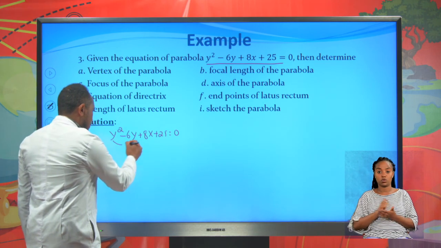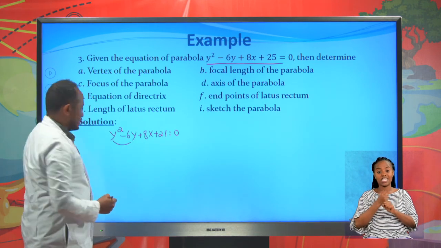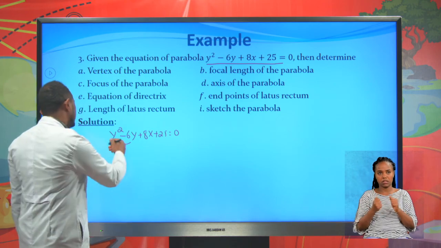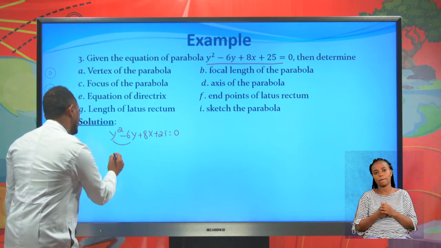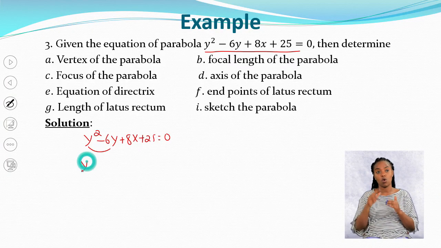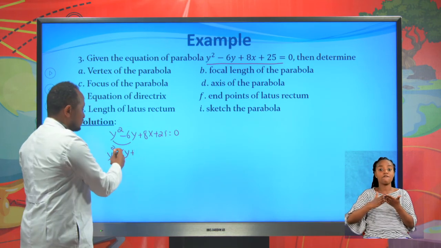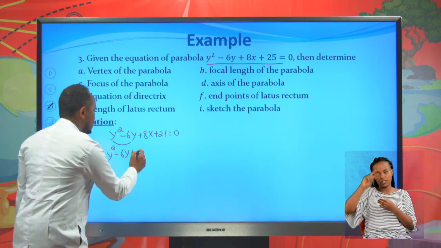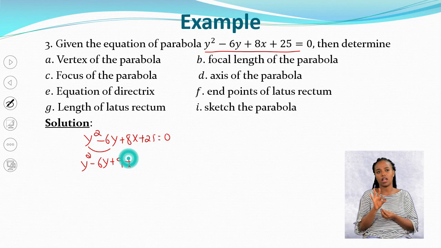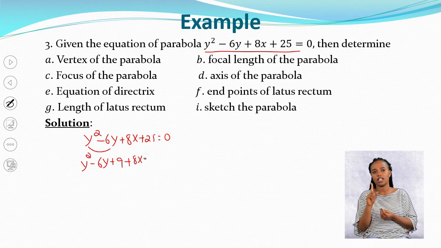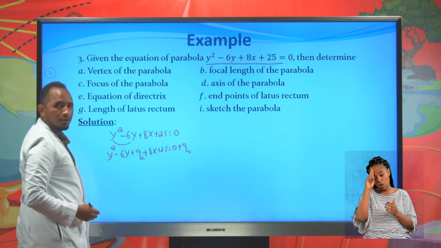To write in standard form, apply completing the square for this part. This will be y squared minus 6y plus half of this one squared, so you add 9, plus 8x plus 25, is equal to 0 plus 9. You need to add 9 here because we added 9 here.